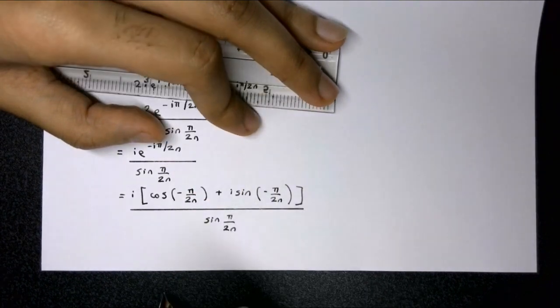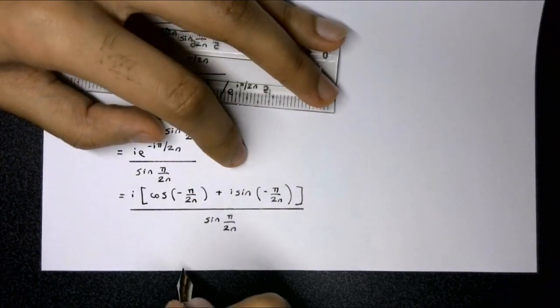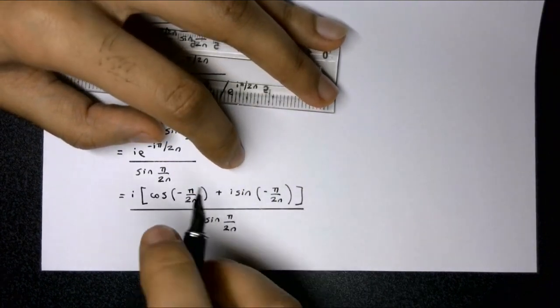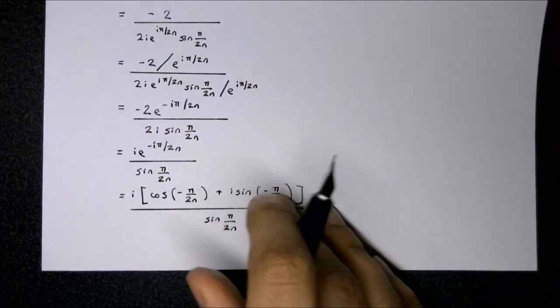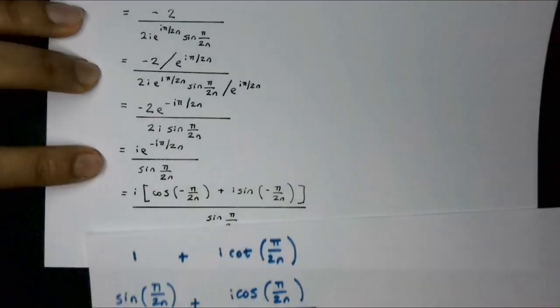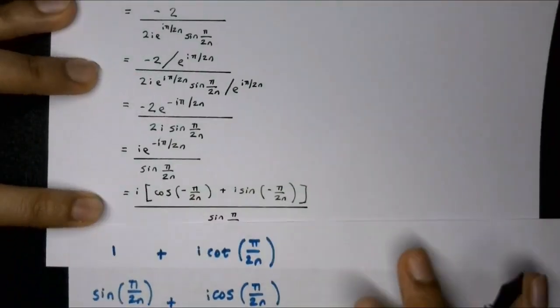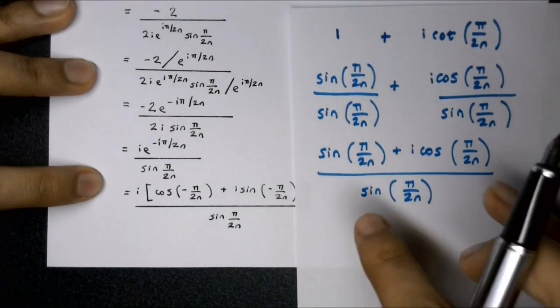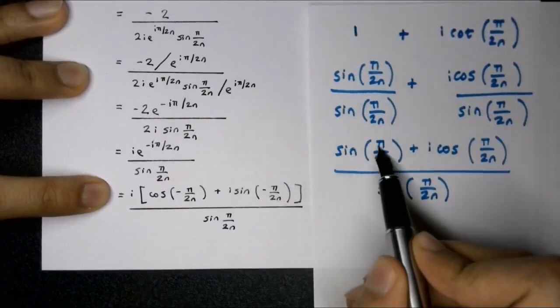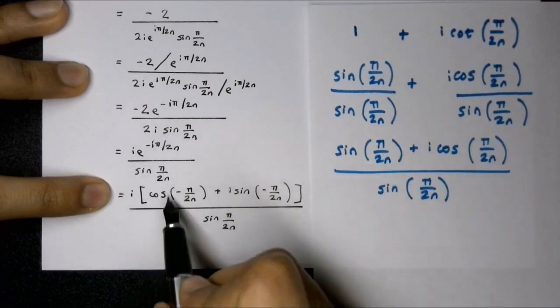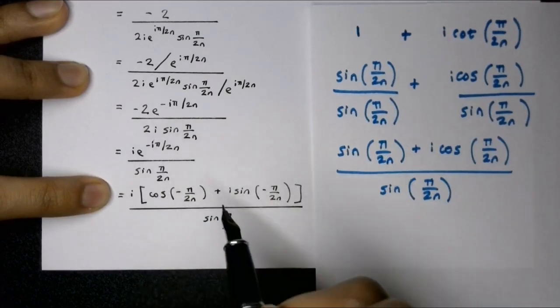Now how does this help us? Well, hopefully what you can see over here, if you remember, what do we want to show? We want to show somehow we get to this line over here, from here. And you'll notice here we have a positive pi over 2n instead of the minus pi over 2n.